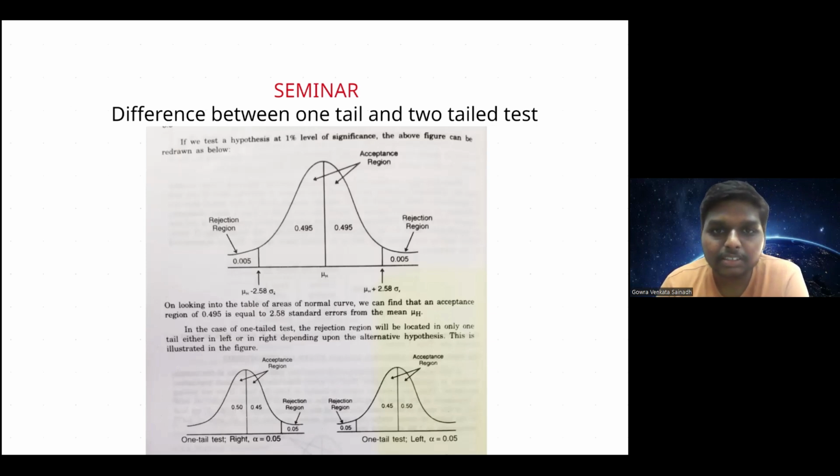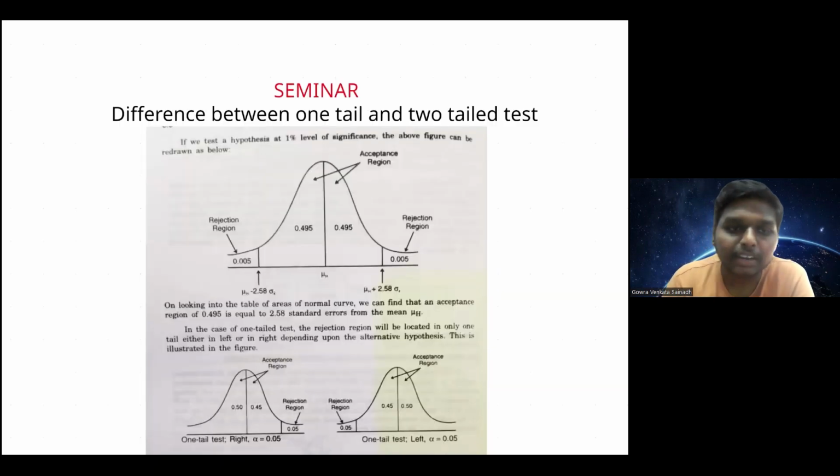In a one-tail test, we have right-tail and left-tail rejection regions. In the second diagram below, the left tail is rejected. So the acceptance region on the right is 0.50 and the rejection region on the left is 0.05, so the acceptance region on the left is 0.45. Here it is given alpha equal to 0.05, so that is the rejection area.